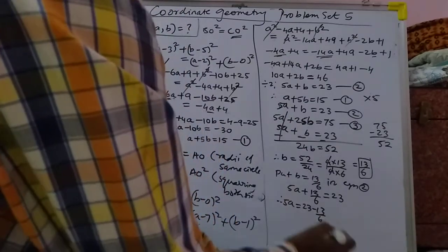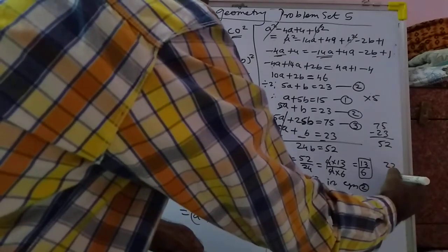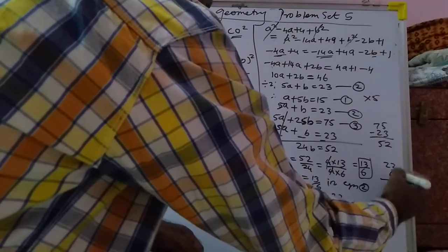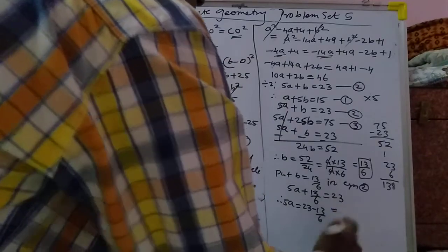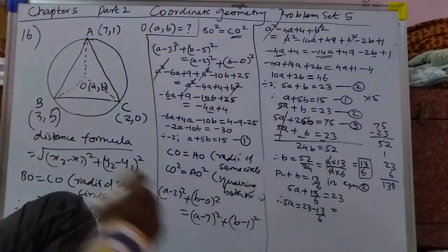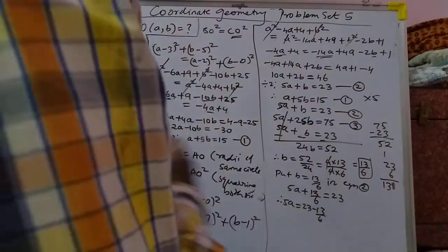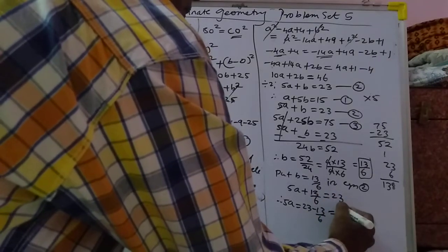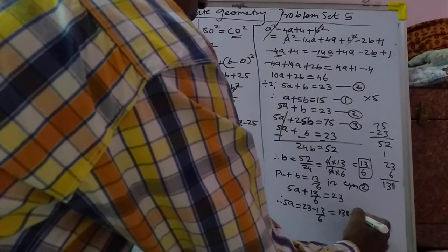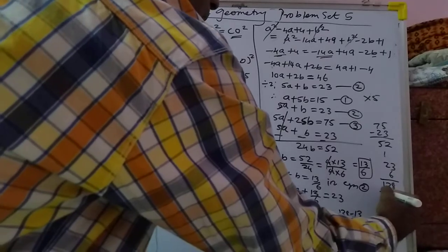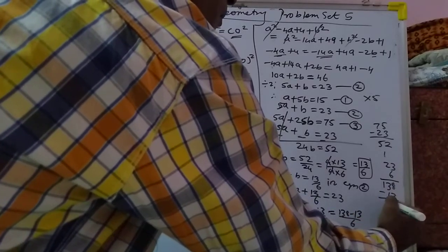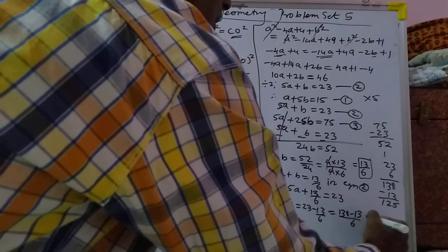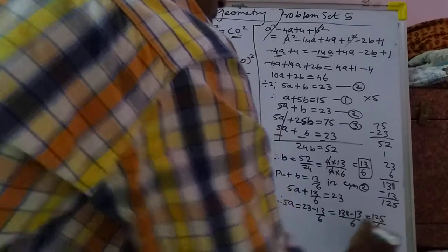Cross multiply, 23 into 6 is 138, minus 13 upon 6, that will go 125 upon 6.